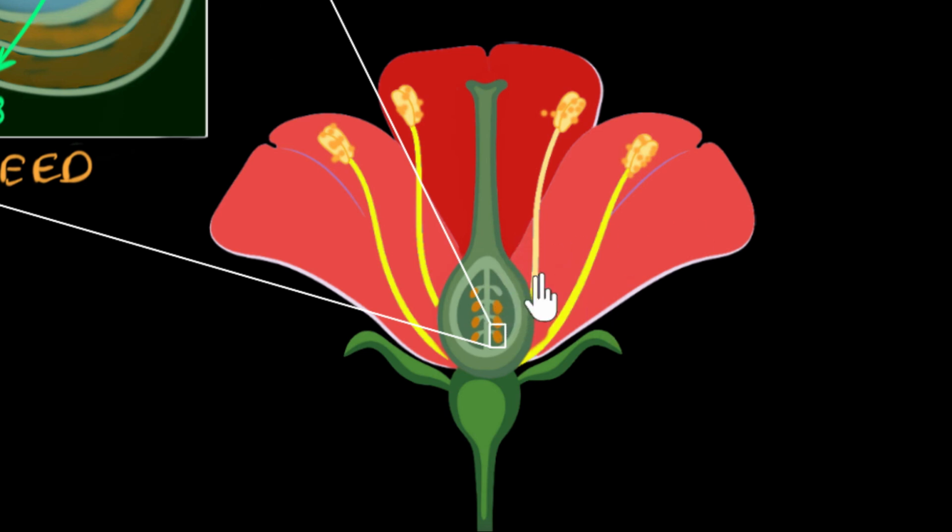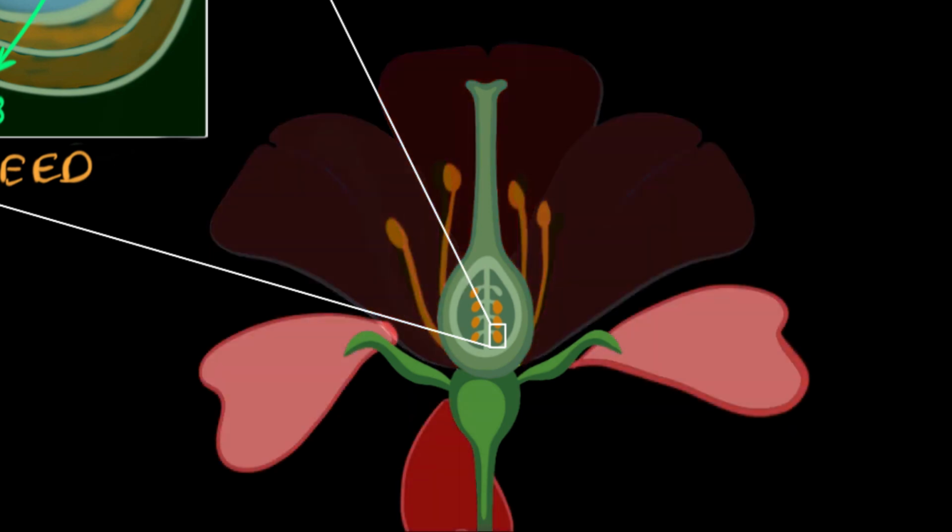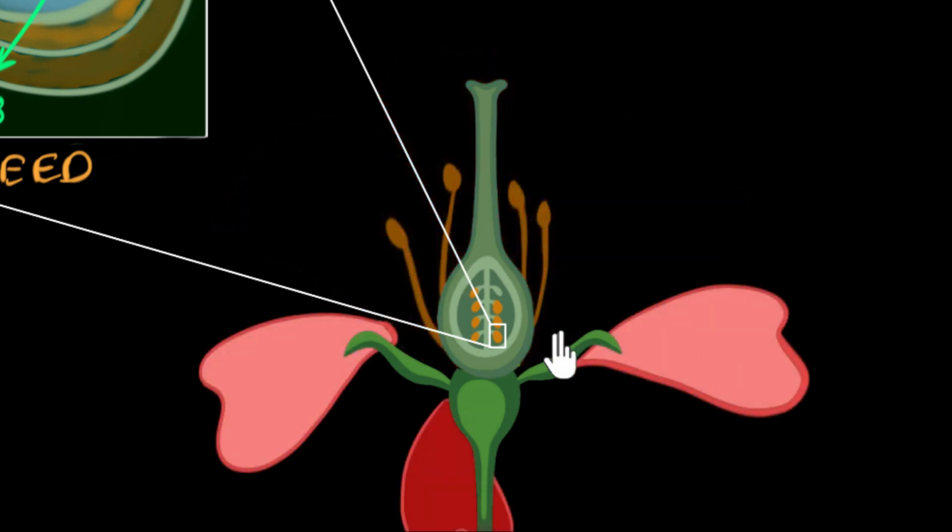What else is going to happen? Well, we no longer need the stamens, so the stamens will start drying off. We no longer need the petals, so you will see the petals fall off. And we will now find eventually the ovary. This ovary starts swelling and becoming bigger and bigger.